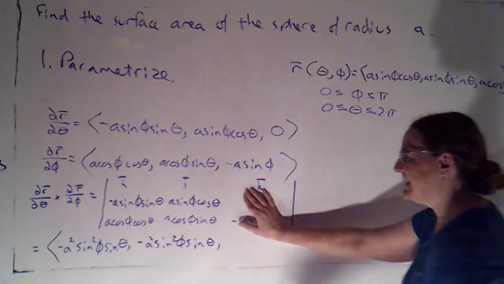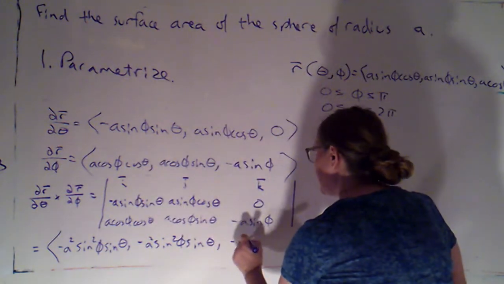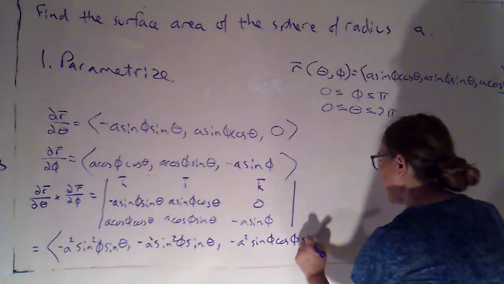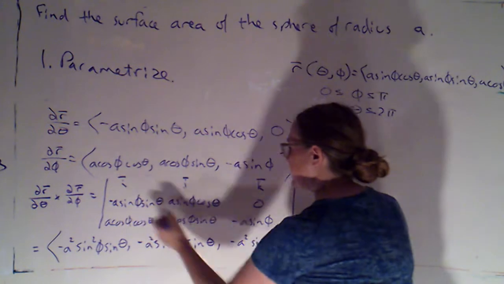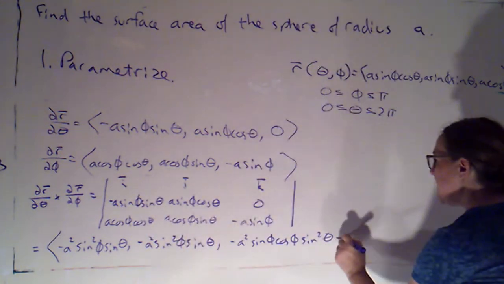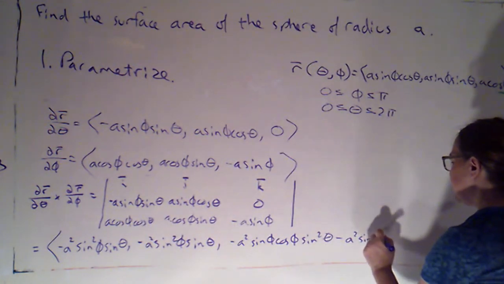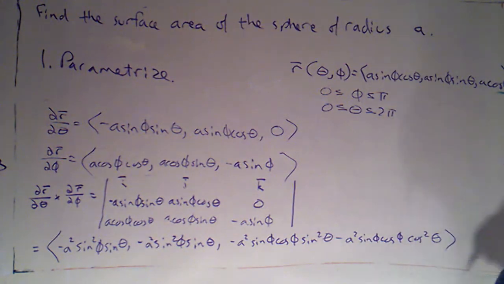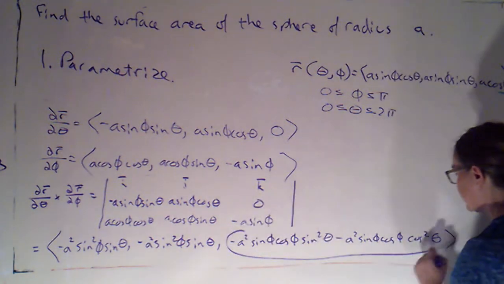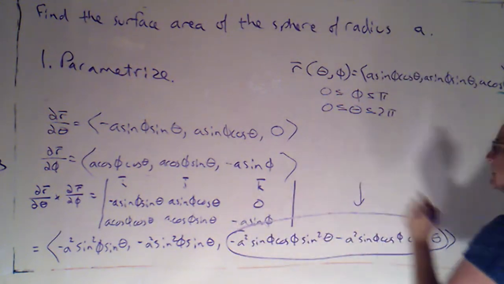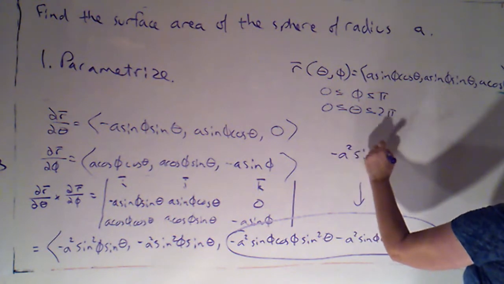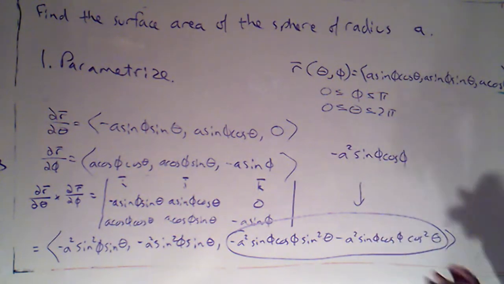For the k's, I'm going to get negative a squared sine phi cosine phi times sine squared theta, that's this diagonal product, minus a squared sine phi cosine phi times cosine squared theta. Okay, now if I look at this last component here, notice that there I could factor out a negative a squared sine phi cosine phi because that appears in both terms.